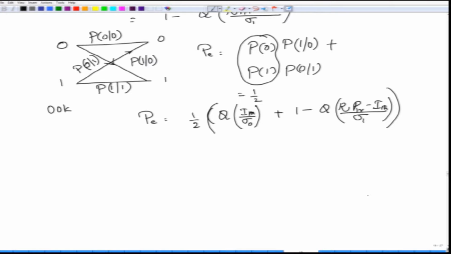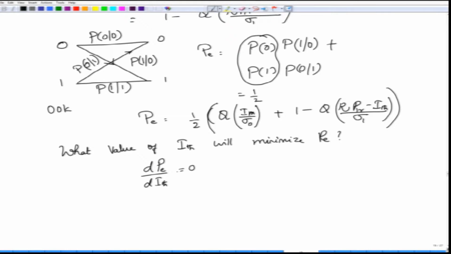So, with this as the probability of error, our next question is what value of ITH will minimize PE. What value of ITH should we choose such that the probability of error will be minimized? Well, the straightforward answer is that you have to differentiate this PE with respect to ITH, set this to 0 and then find out the value of the threshold current which would minimize the probability of error.